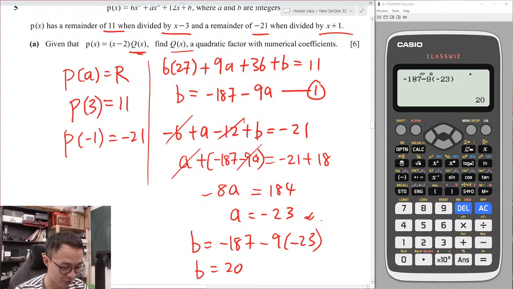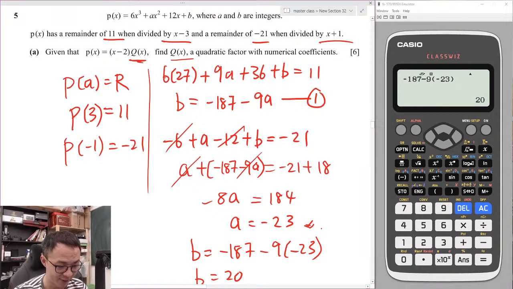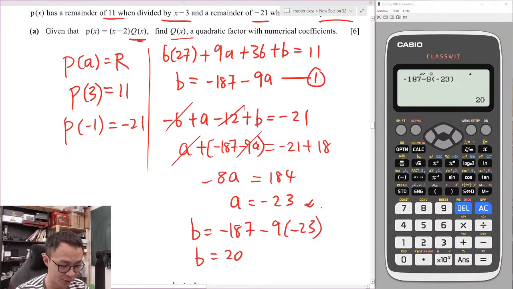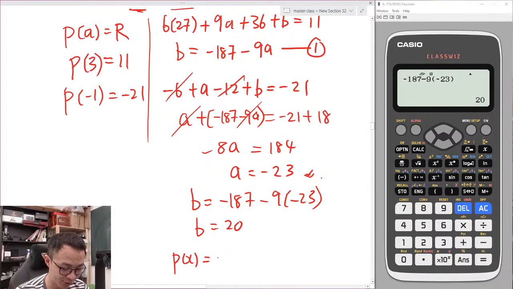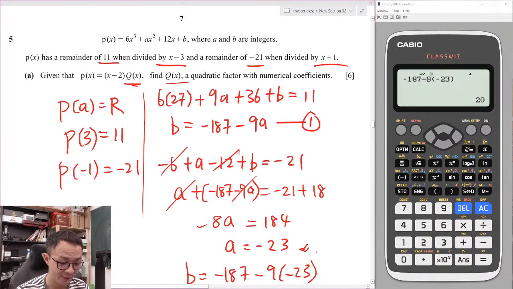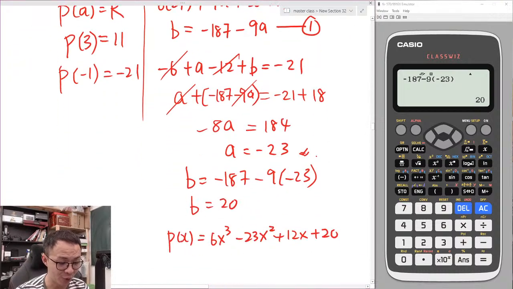So I write at the bottom somewhere here. My p(x) is equal to 6x cubed minus 23x squared plus 12x plus 20. Yep, which is correct.